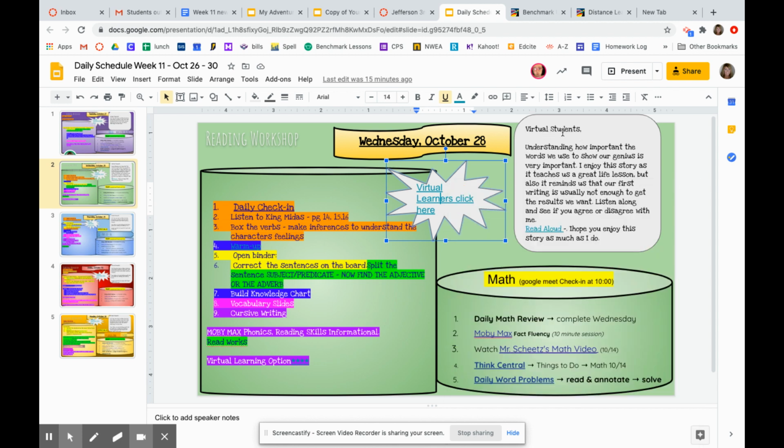Right here, understanding how important the words that we use to show our genius are is very important. Sometimes it's difficult to express how important it is to use the correct words when you're speaking and especially when you're writing.